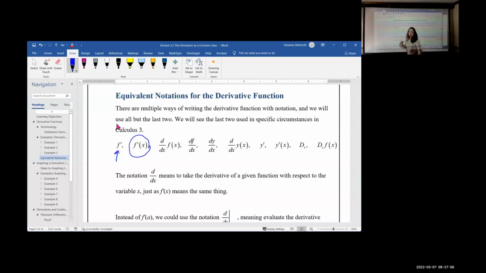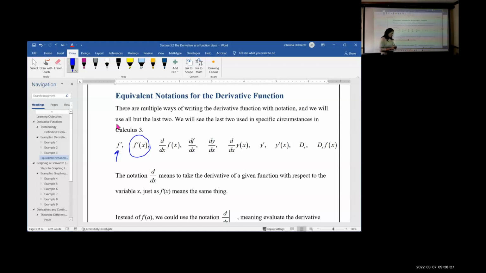It's written in fraction form, but it's not actually a fraction, it's an operation. Whatever variable is used in the denominator, that's what it considers the variable in the function to be. So if it had d by dt, then it would be considering t to be the variable in the function.